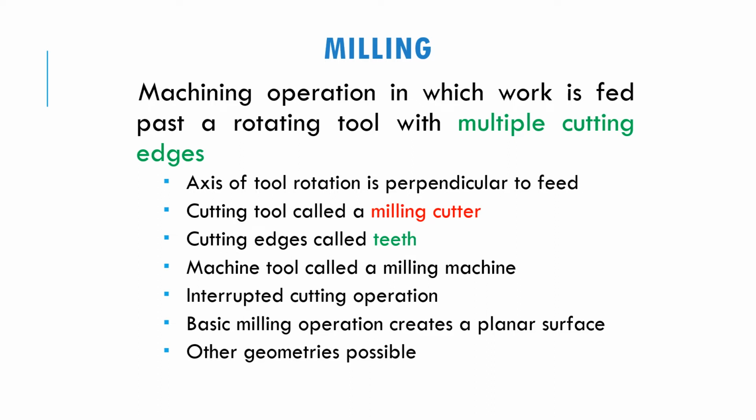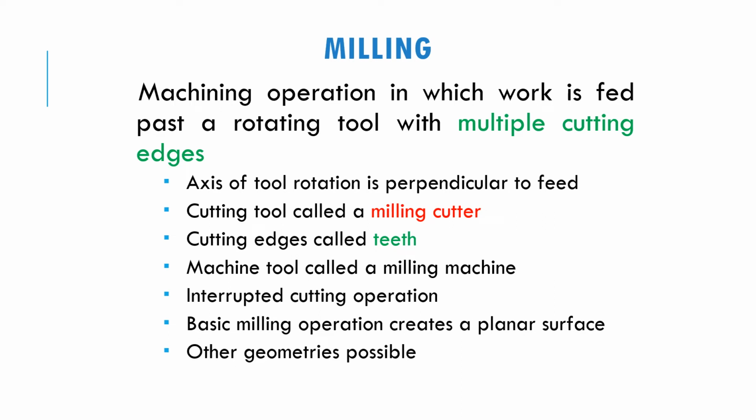Because they have multiple cutting edges, if let's say they have 5 cutting edges, we say they have 5 teeth. The machine tool is called a milling machine. It is an interrupted cutting operation, meaning that you can turn the machining on and off and then restart again.